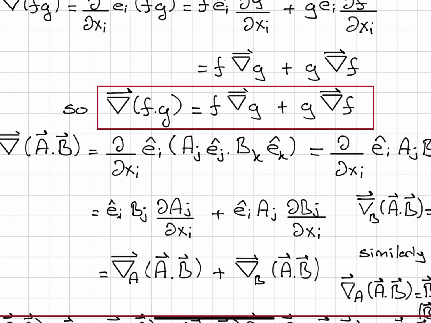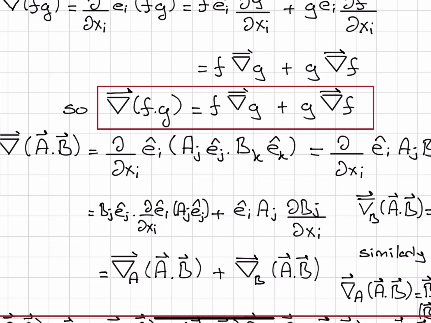Let me clarify this one here. This is ei hat bj ej hat dot product with, so let's write it here, bj ej hat dot product with del del xi ei hat applied to aj ej hat.